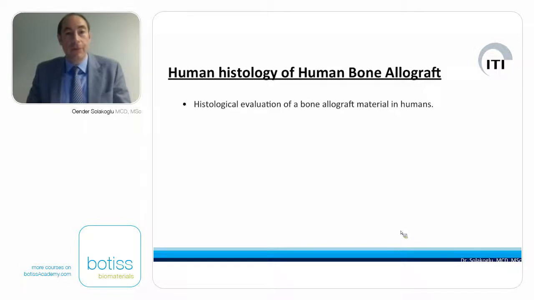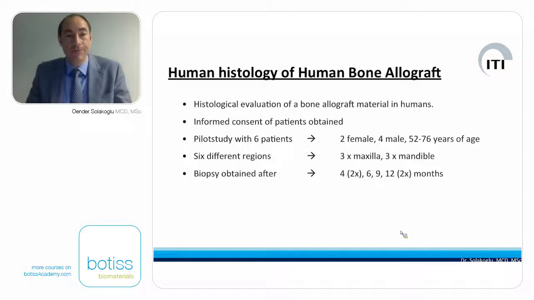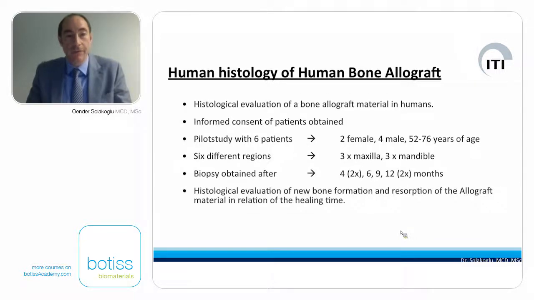So, as I said before, before we use a new material in our office, we always do our own histologic evaluations. So that's what we also did with this allograft material. We looked at different time points after implantation of these materials, after 4, 6, 9, and 12 months.